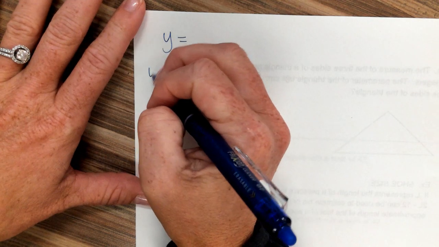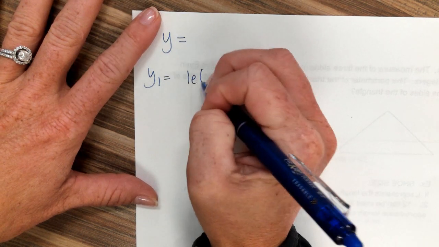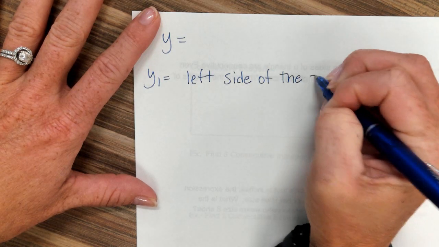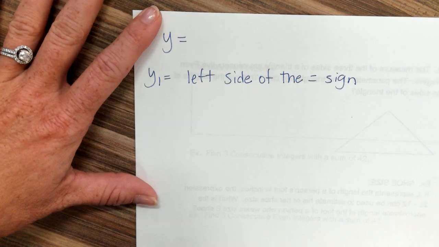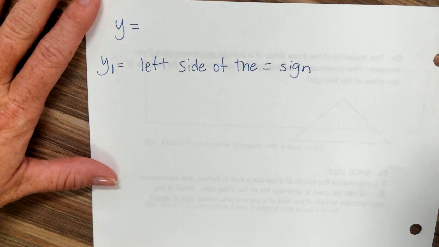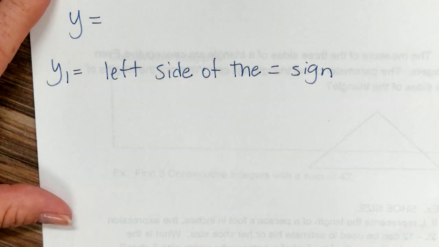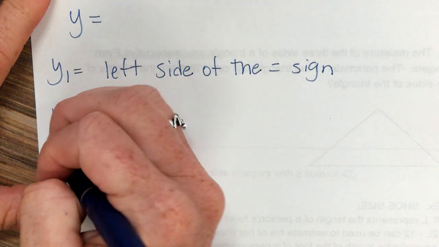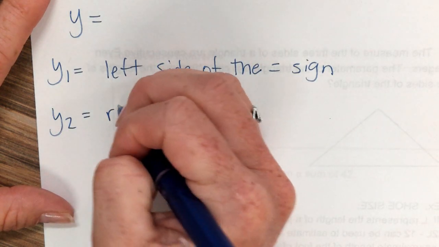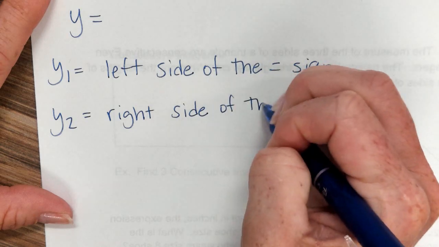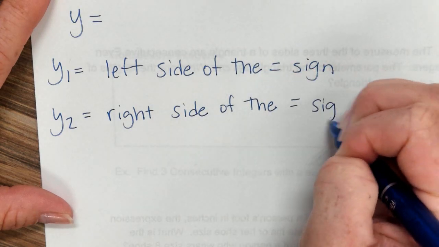In y1, you're going to put in the left side of the equal sign. In y2, you're going to put in the right side of the equal sign.